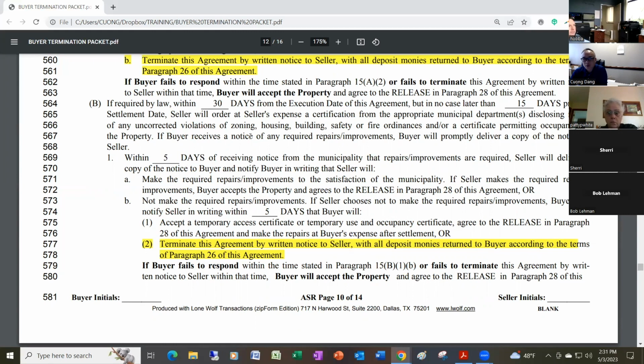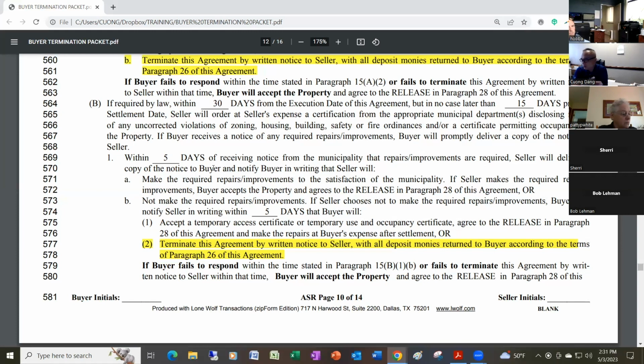If buyer receives a notice of any required repairs, improvements, buyer will promptly deliver a copy of the notice to seller, and within 5 days of receiving notice, the seller will deliver a copy of the notice to buyer and notify buyer in writing of the seller's intention to, one, or A, lowercase a in this case, make the repair.